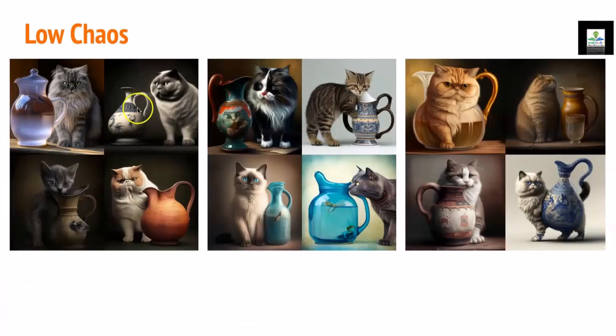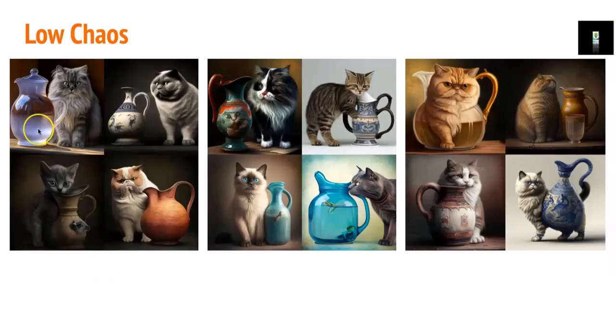To better explain the idea of chaos, I ran a few prompts with a cat and a jug. That was my initial text prompt, and that's all I ran. First I ran it with a low chaos value, and here you see in all three image grids that I created with that parameter, it sticks to the main context of the image, although it changes the composition and the cat a lot.